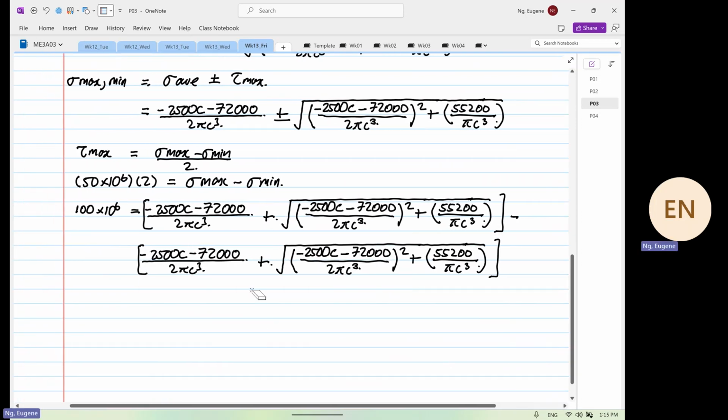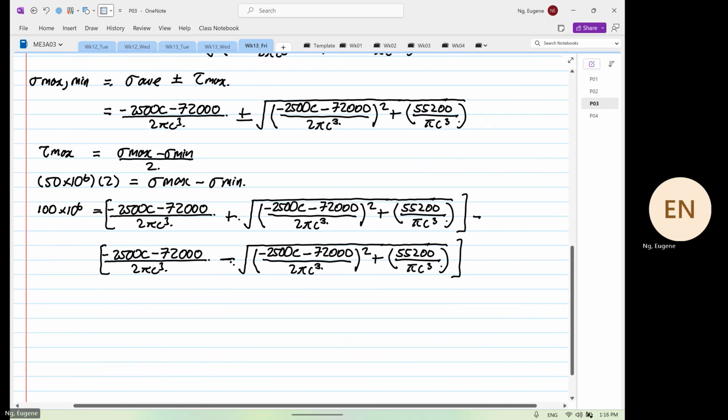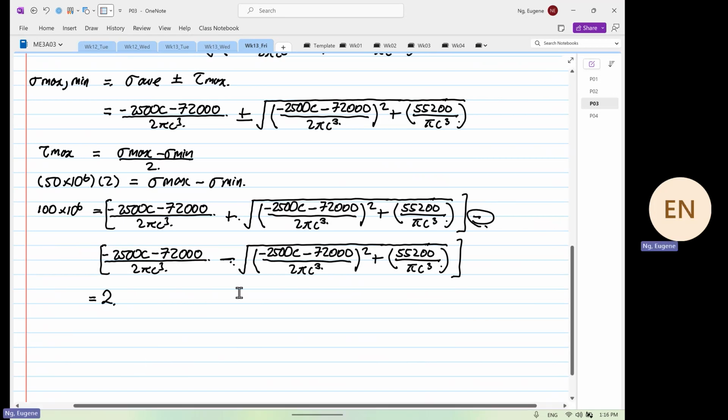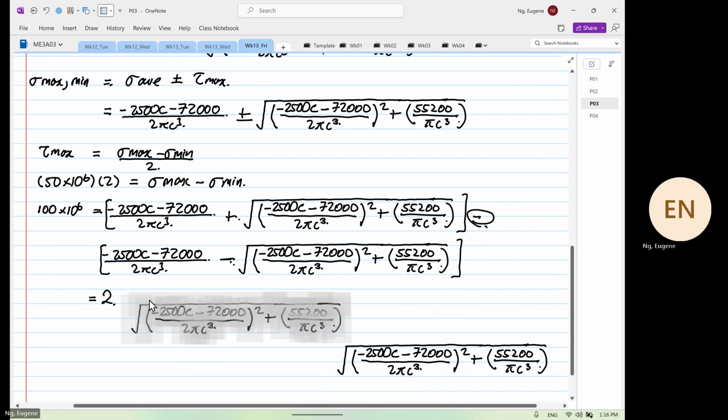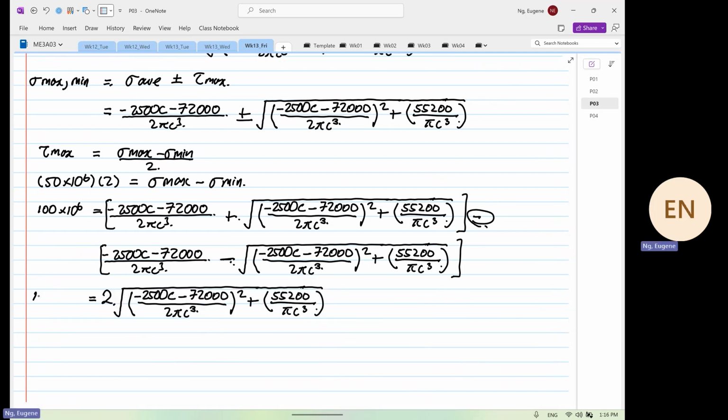And then this is equal to what? Minus, right? Because you have a minus sign down here, this will be equal to twice of this. And this is equal to 100 times 10 to the power of 6.